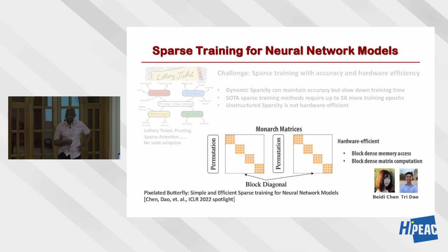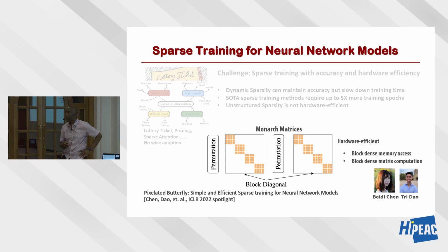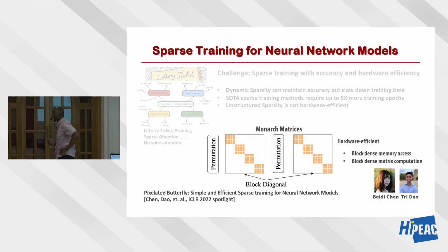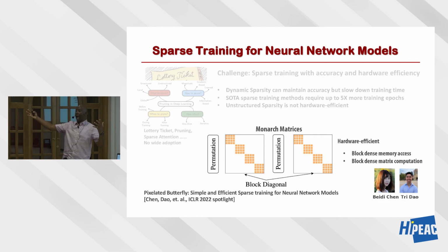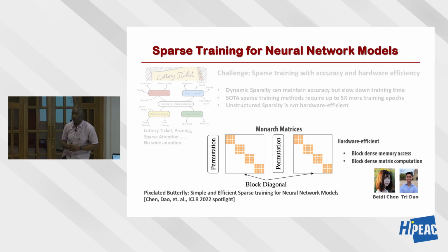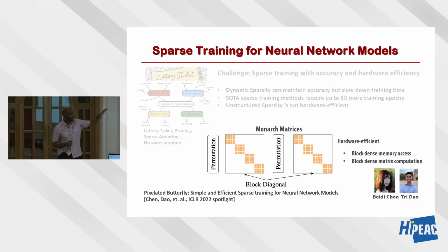Okay. Sparsity is another idea, of course, for reducing the amount of computation and memory. And again, this is a trade-off between how efficiently you can do the computation and what is the net accuracy of the model that you train. So there's this tension, right? So all kinds of ideas for sparsity, but either they impact the accuracy too much, or they're not efficient to run on an accelerator like a GPU.